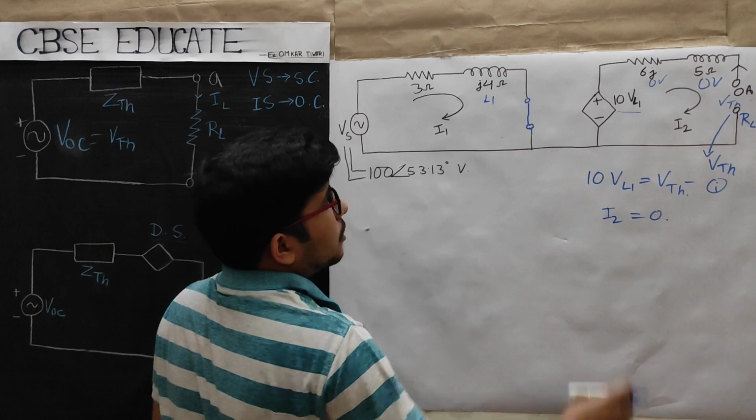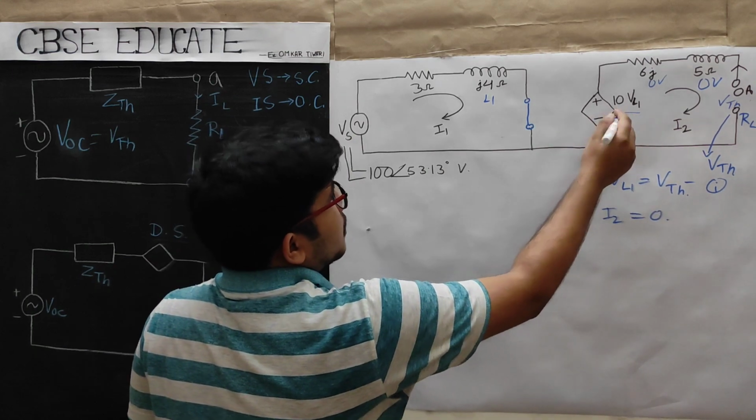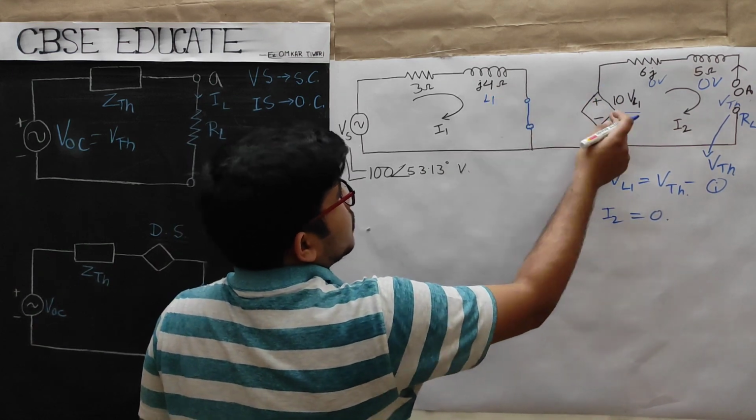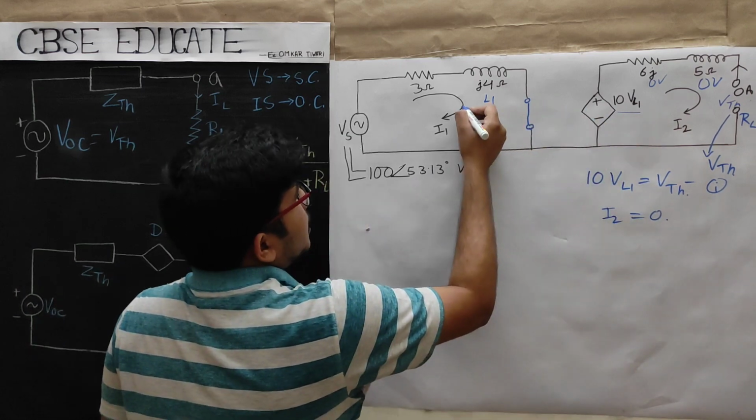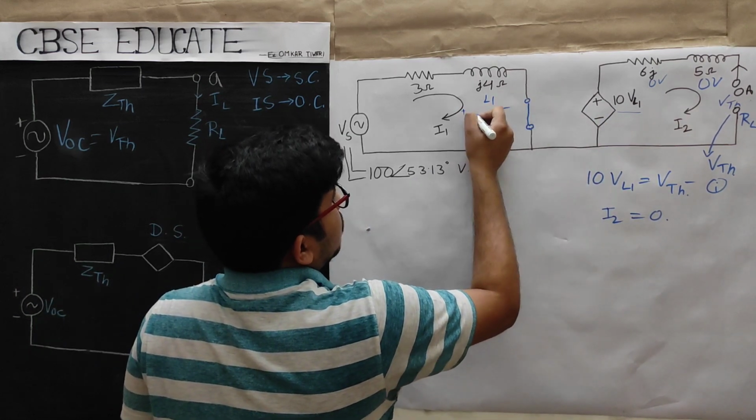Now see, this is VL1 and 10 VL1. This voltage source is dependent on the voltage across this.